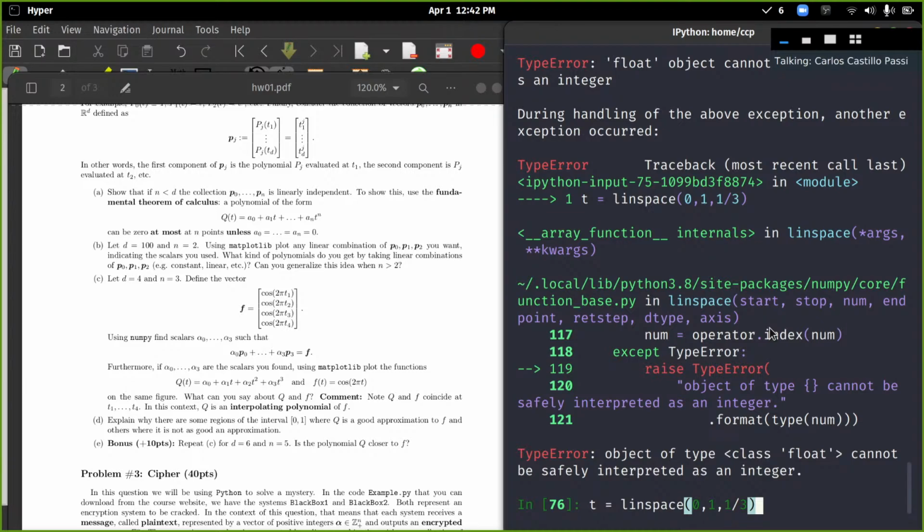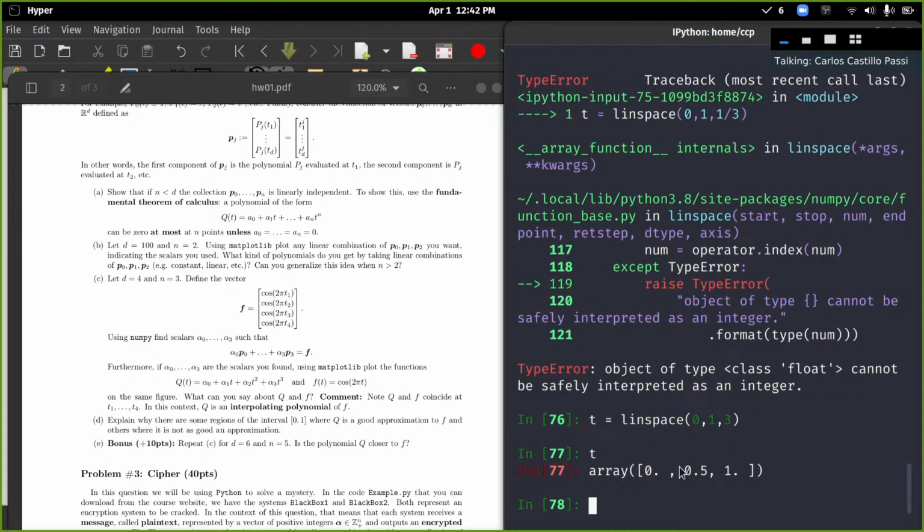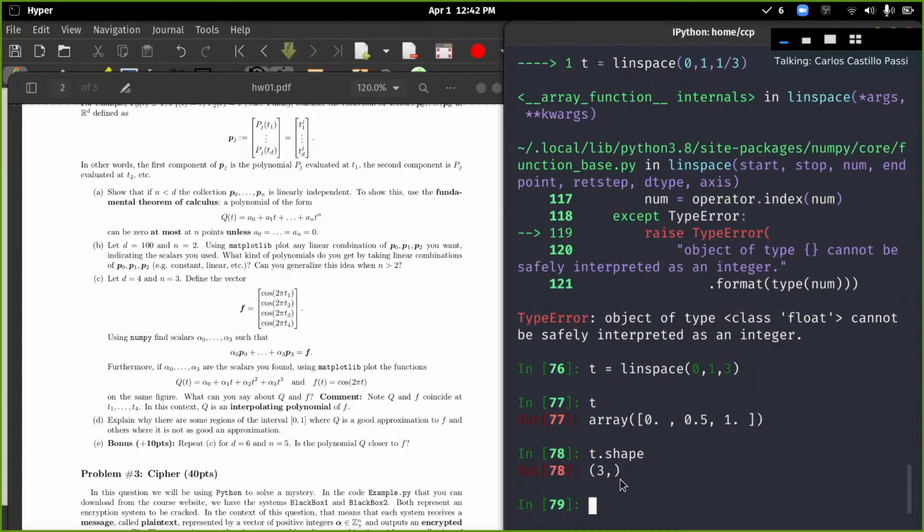Float cannot be interpreted as an integer. Oh, sorry. This is 3. Okay. For example, I have this vector t. You can see that the shape of t is 3 elements down, but it doesn't have any other elements. It's just those 3 elements.